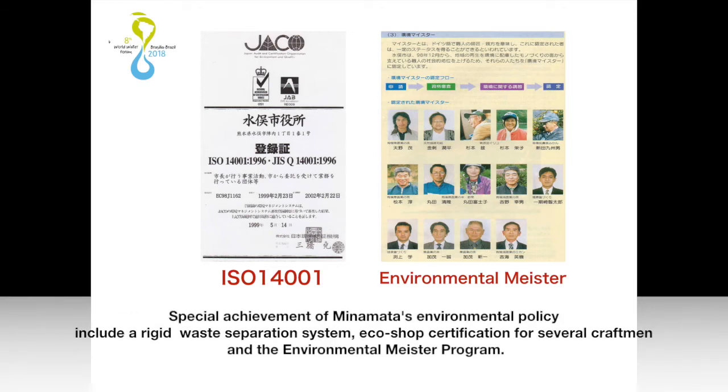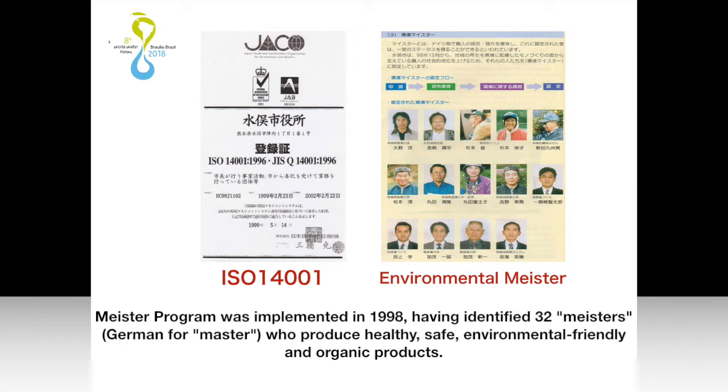Special achievements of Minamata's environmental policy include a rigid waste separation system, eco-shop certification for several craftsmen, and the Environmental Meister program. The Meisters program was implemented in 1998, having identified 32 Meisters, German for master, who produce healthy, safe, environmentally friendly and organic products.